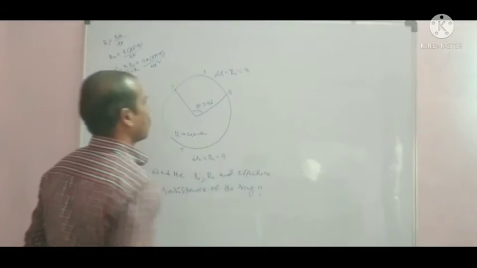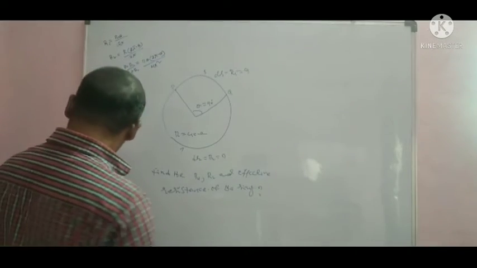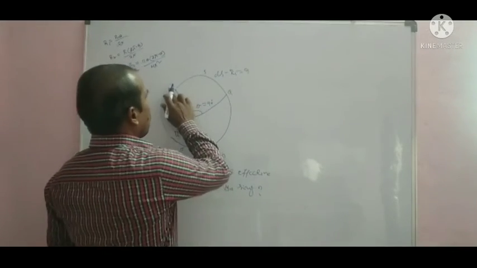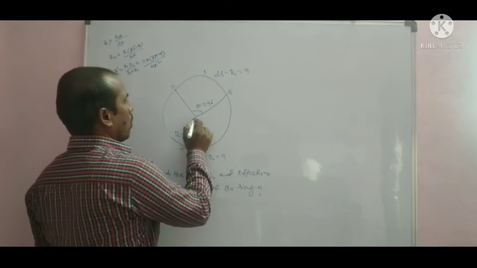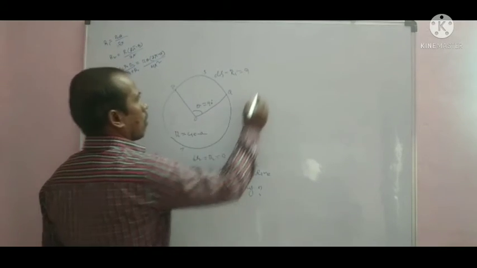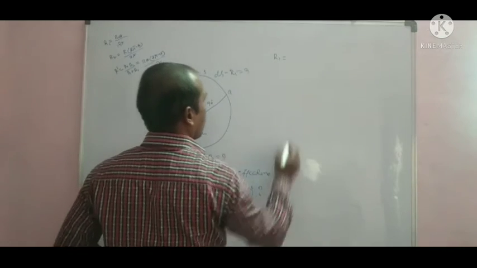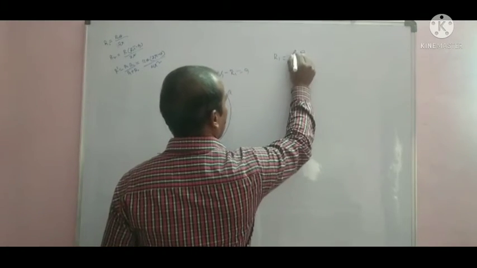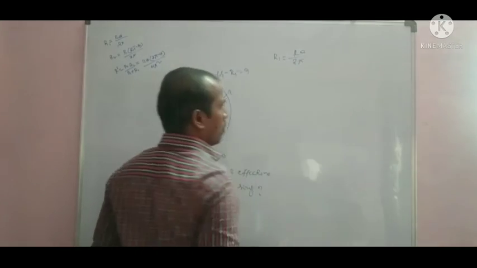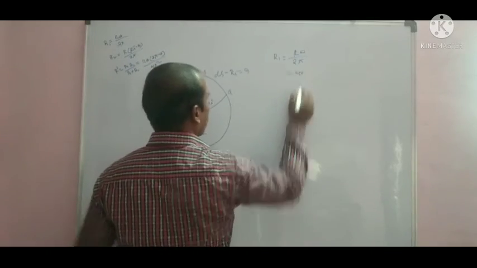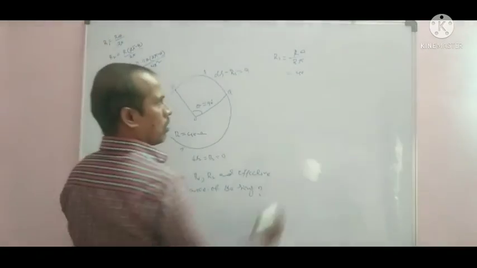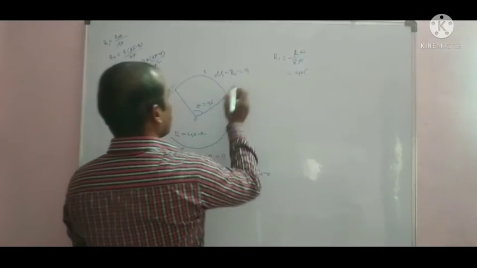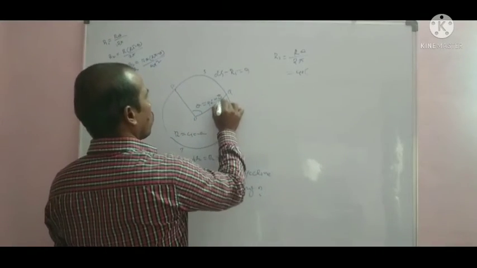First, the portion PSQ, R1 formula: r theta by 2 pi. Here the r value is 40, and theta is equal to 90 degrees, that is pi by 2.